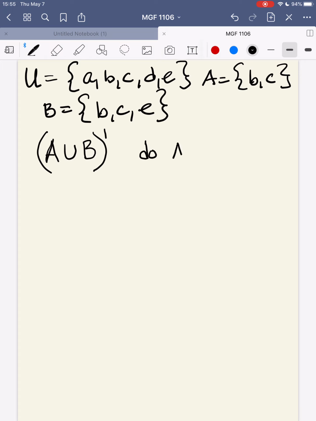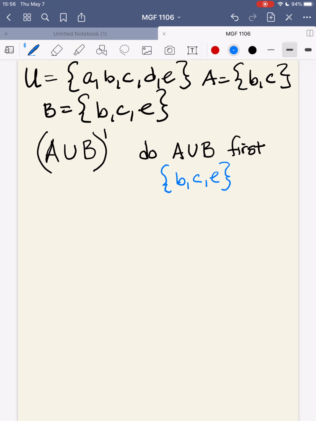We need to do A union B first. Okay, and A union B in this case is going to be what? Okay, A union B is going to be everything in set A or in B or both. Okay, so this is going to be B, C, and E. That's what we're working with.